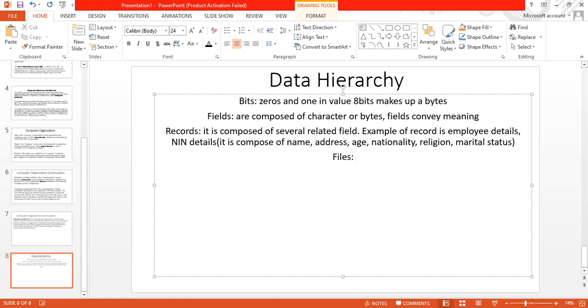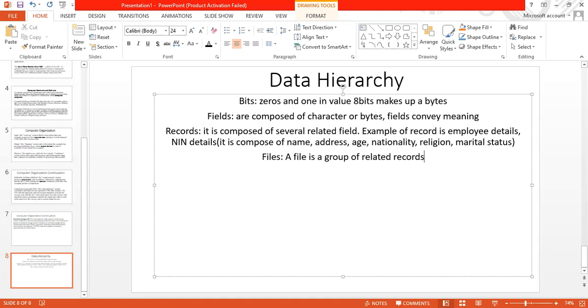Now, a file is a group. Don't forget that keyword. A group of related records.